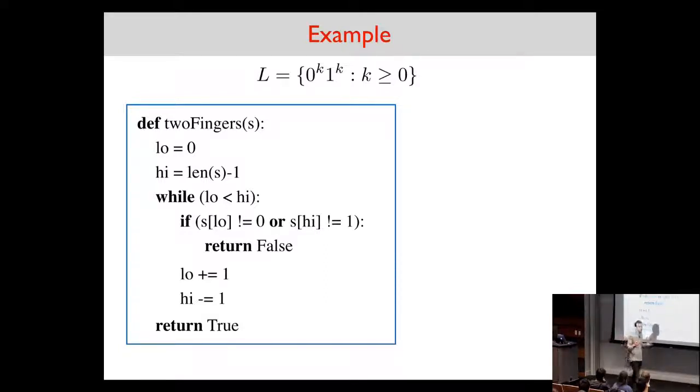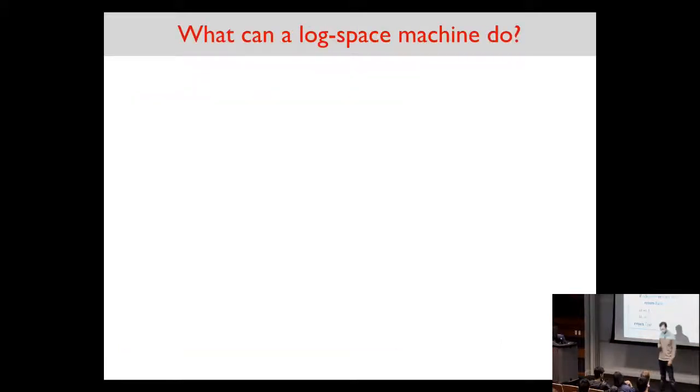And to represent that value, all we need is log n bits. Okay, and in the other parts of the function, we're not really using extra space. We're just reading from the input and then doing some basic arithmetic. So this is again order log n space.